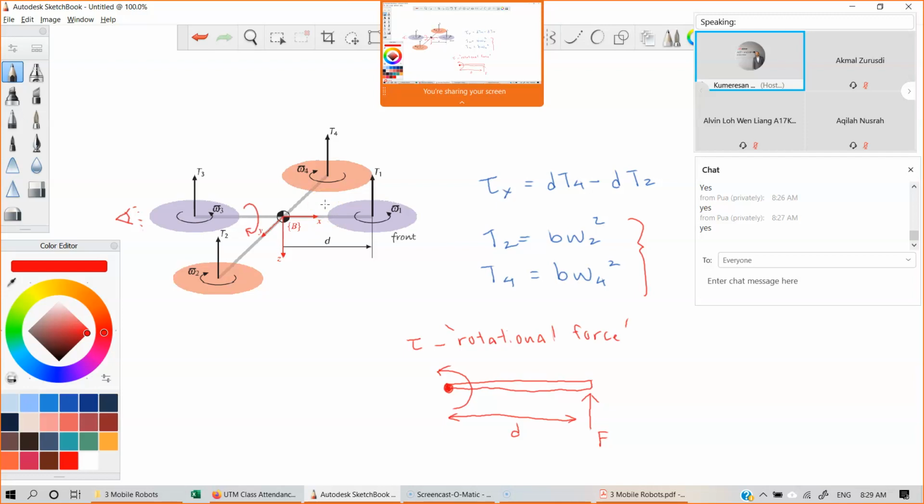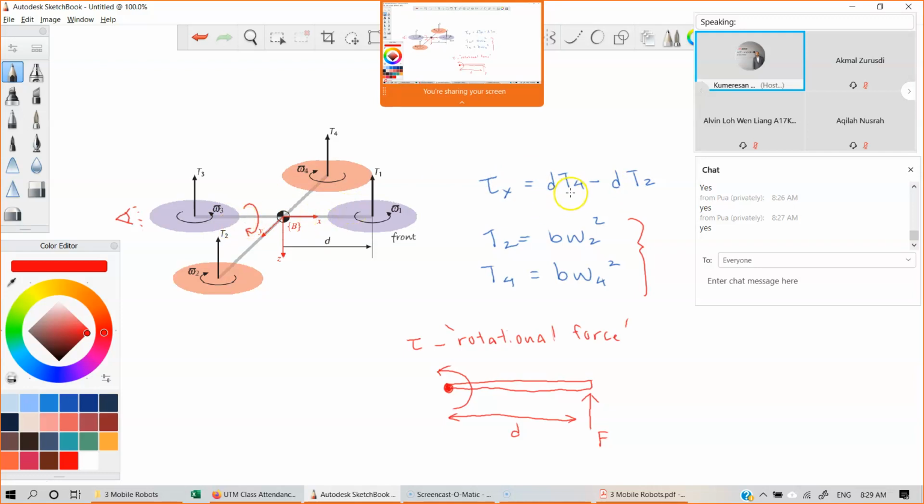If you give a positive torque, you will generate a positive rotational motion. So in order to generate positive torque, this has to be greater than this. So that is why we have dt4 minus dt2. So if T4 is equivalent to T2, the torque is 0. There's no rotation.